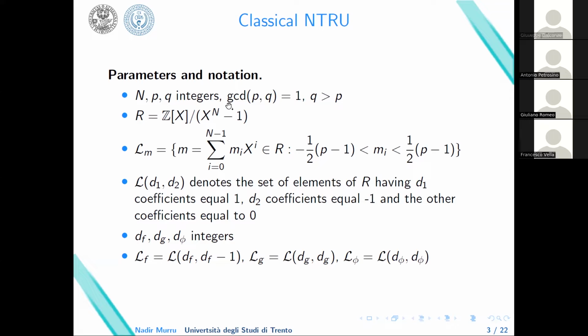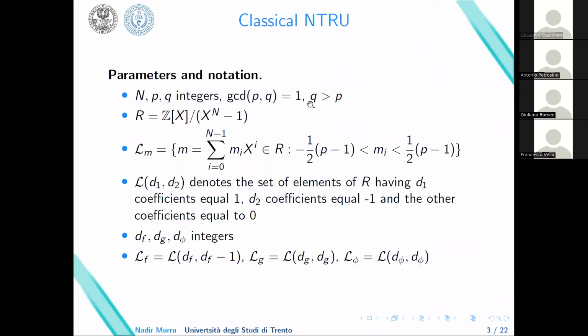The only condition that we require about these integers is that their greatest common divisor is equal to 1, and usually Q is taken greater than P. When we see the implementation, we will see that the number P is almost always taken equal to 3, and Q is very often a large power of 2.